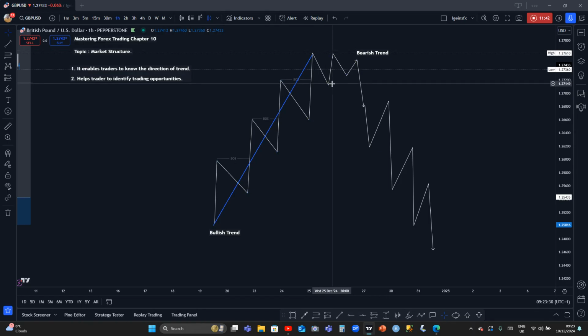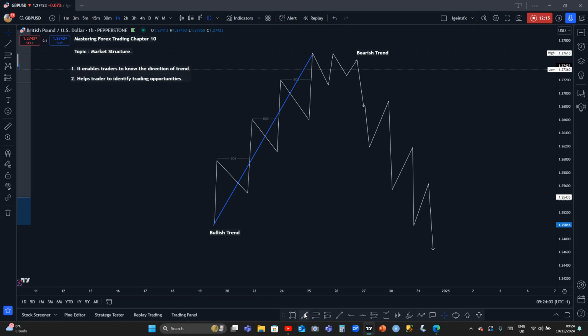Everything that happens between this very point here and this very point here is a liquidity point. Understand me, guys. What you should be concerned about is the last support level. Once this last support level is violated, we simply say there is a change of character.